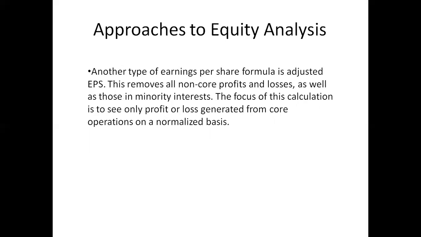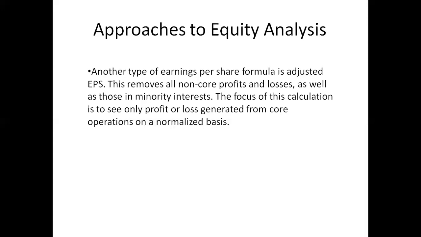Now, another type of earnings per share is adjusted EPS. Adjusted EPS removes all the non-core profits, that is, it focuses on the calculation of the profits from the business itself. What does non-core profit mean? Non-core profit here means, say, capital profits.